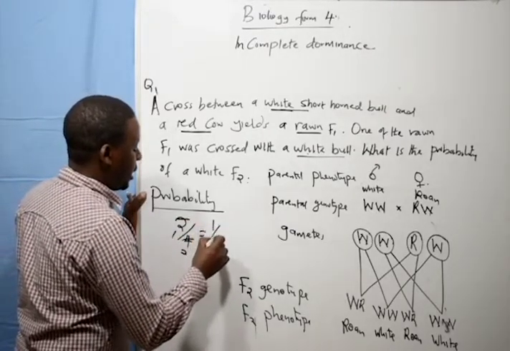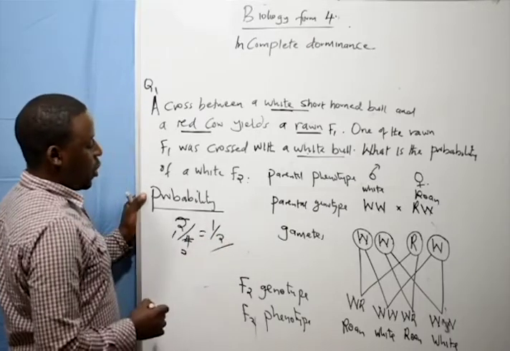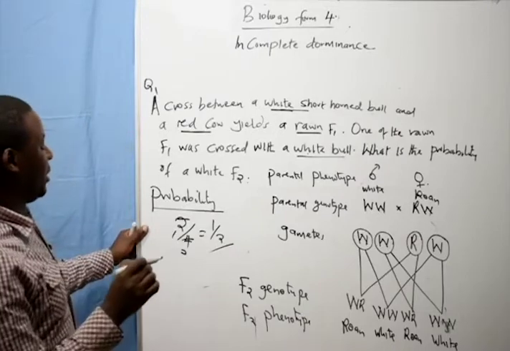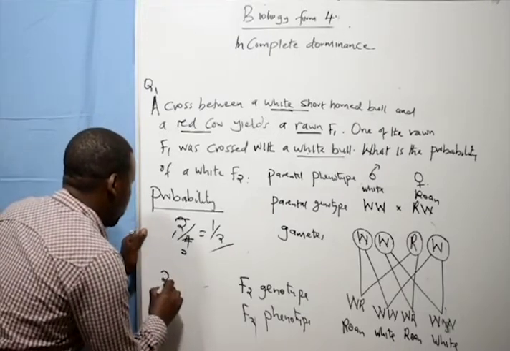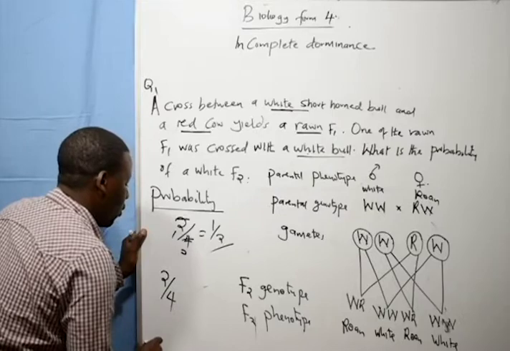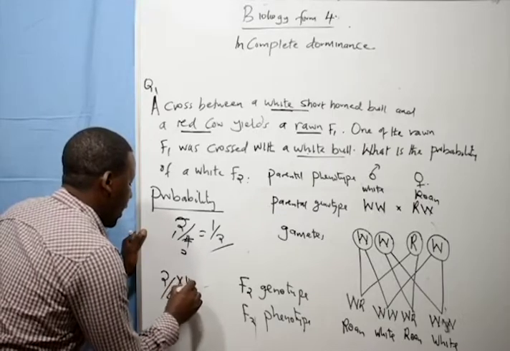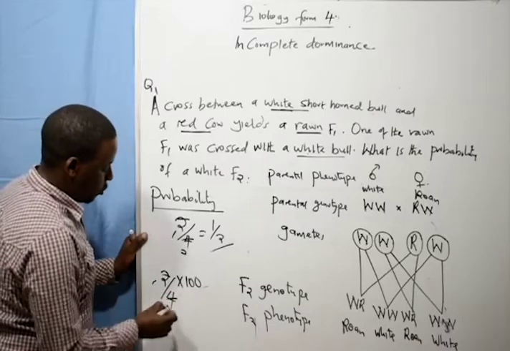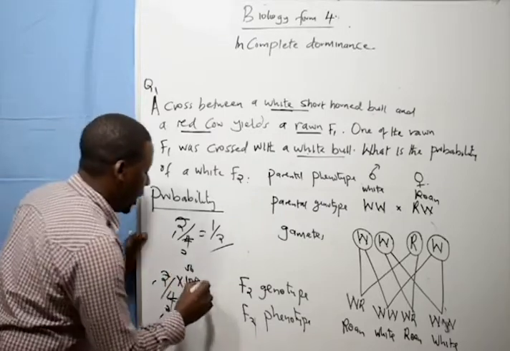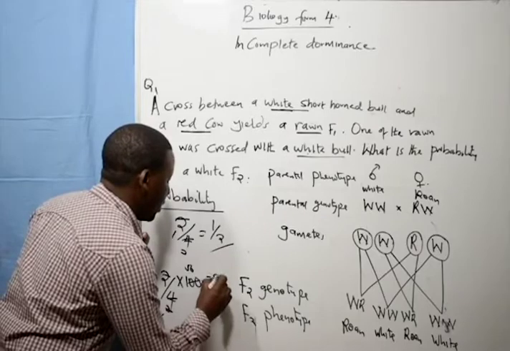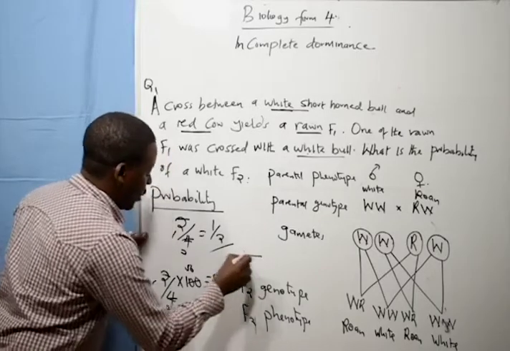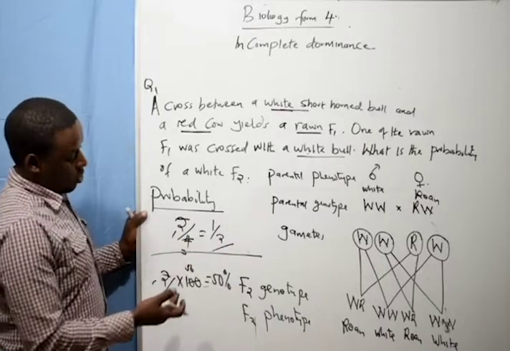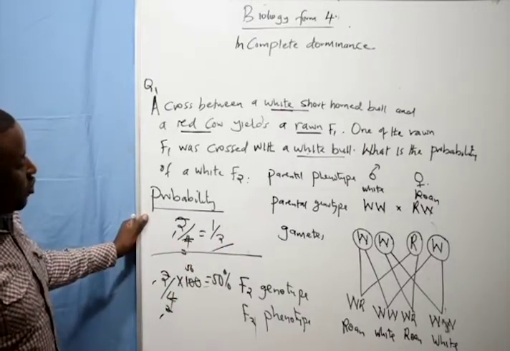So the probability is a half. Or you can express this probability as a percentage. You say 2 out of 4 times 100, which is 50%. So either you express it in terms of fractions or in terms of percentage.